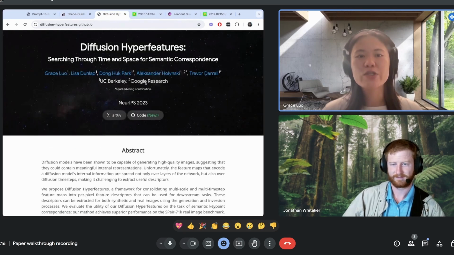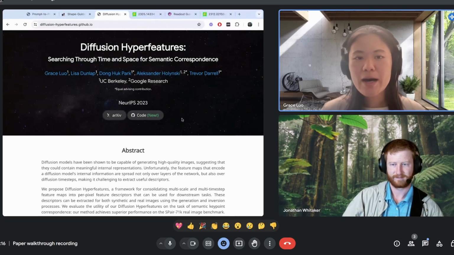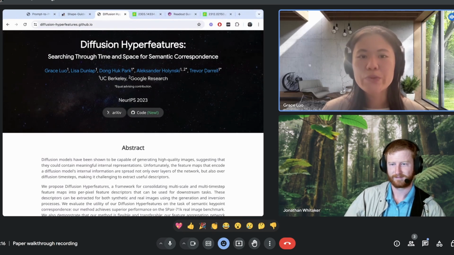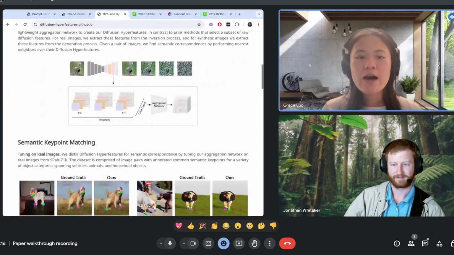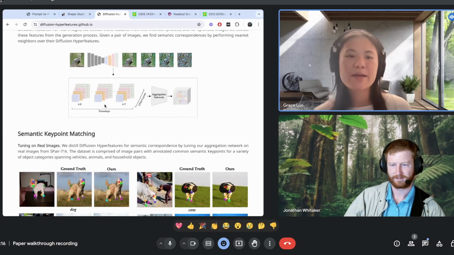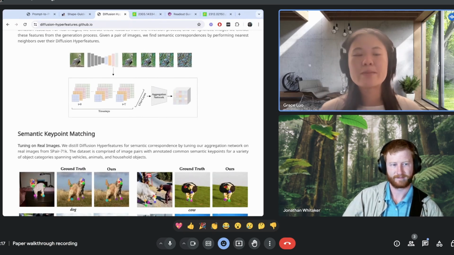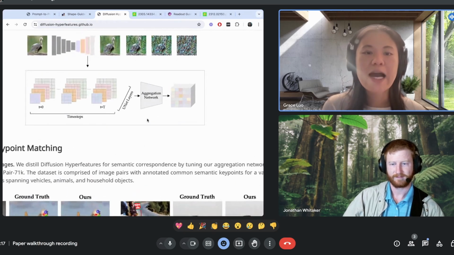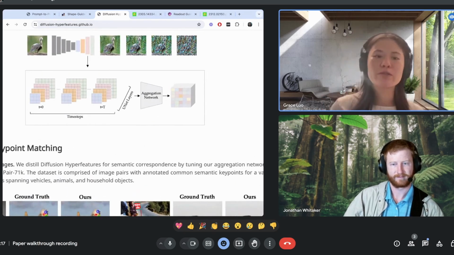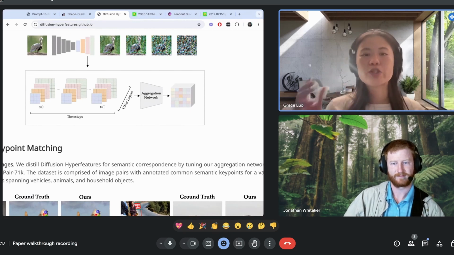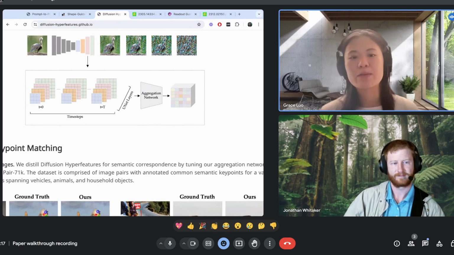That led us to diffusion hyperfeatures, where we used the internal features of the diffusion model. We aggregated them across the different layers of the UNet, as you presented, as well as over the time steps of the diffusion process. And we trained an aggregation network on top of this frozen set of features to interpret it into a task-specific representation.